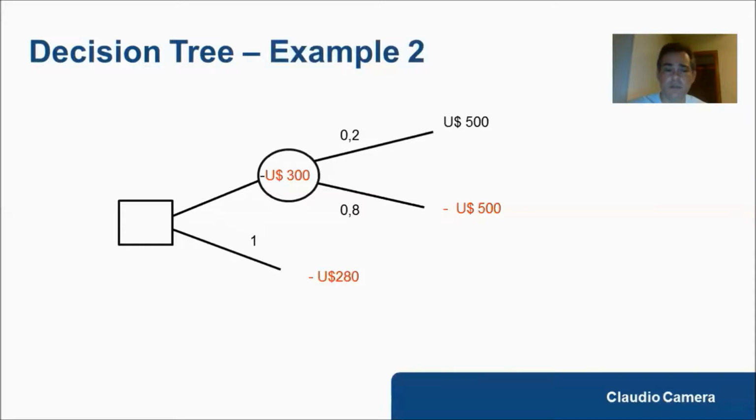And between the expected value of losing 300 and losing 280, which one would you choose? Obviously, you would choose choice B, because you have an expected value of losing less.